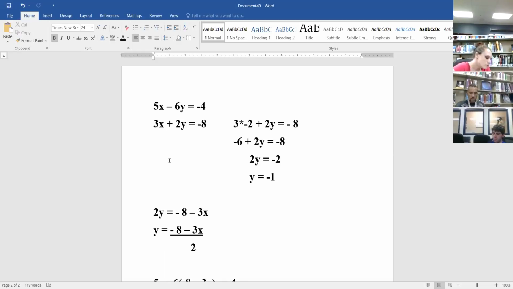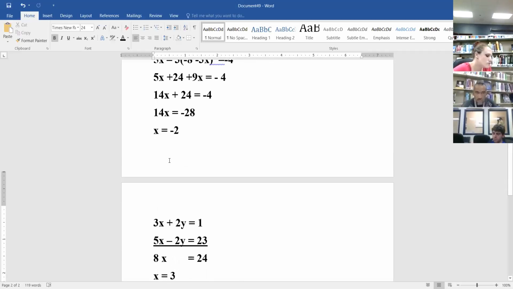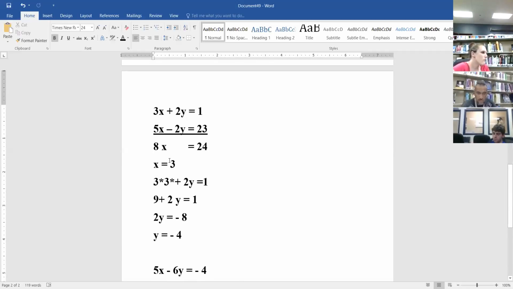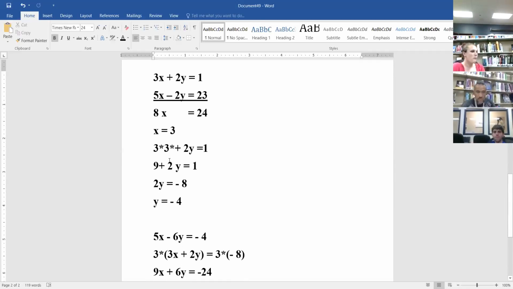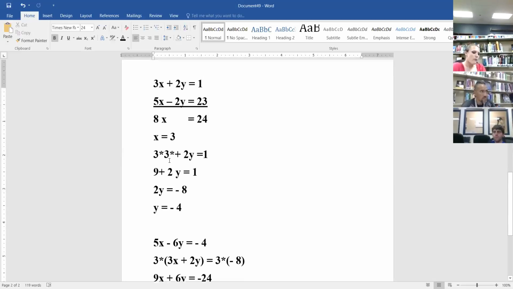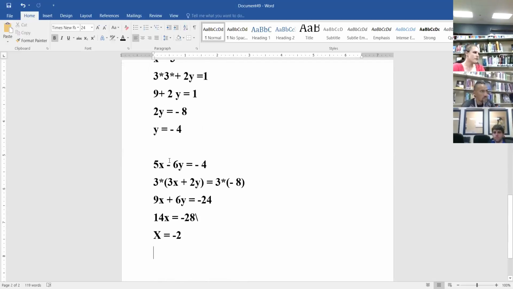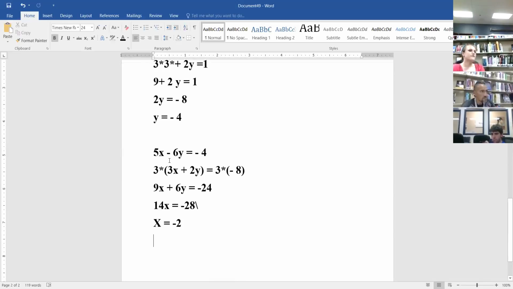If it's easy, you can see that it's quite easy to do the elimination by addition if we can find a way to do that and match things up. You're looking for like factors, easy factors. Look at the equations and ask yourself, what's the easy way to solve this?